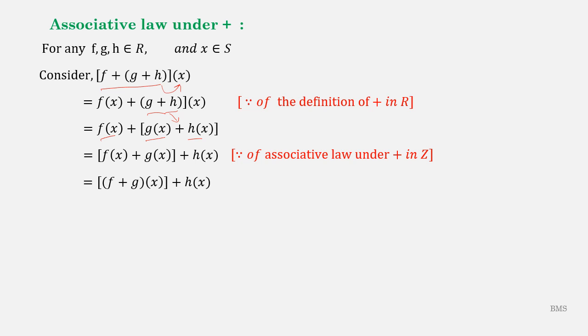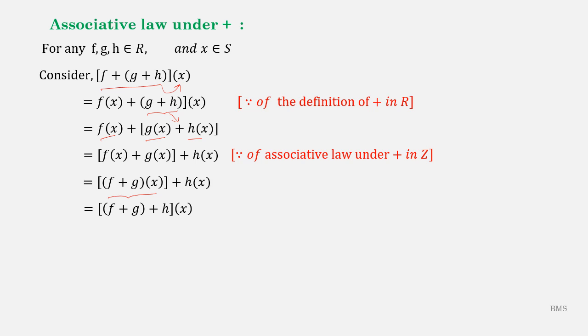Now, again using the definition of plus in R, this f(x) plus g(x) can be written as (f plus g)(x). And similarly, if you continue, this again you can club as ((f plus g) plus h)(x).